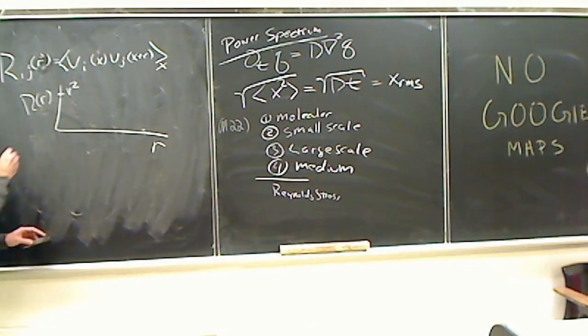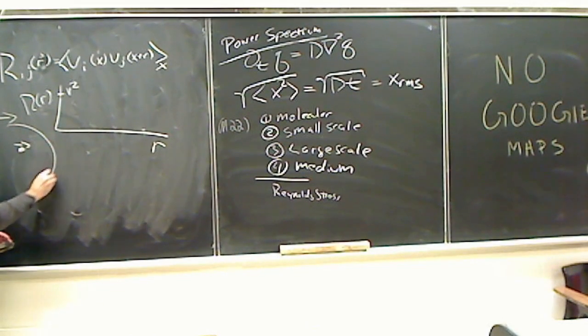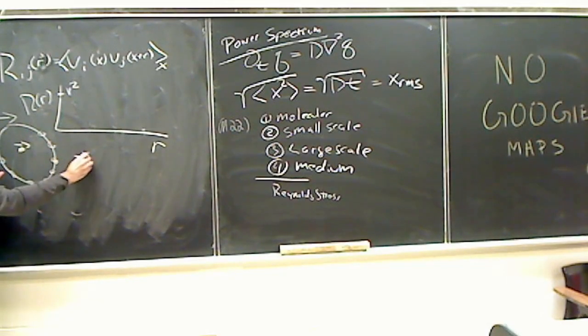So I take my velocity here, and if my velocity is in this direction, and I have a bulk flow that's always in this direction, then when I measure the difference between this velocity and this velocity, since I know what these all are, I'm going to get something that's pretty regular, and I'm going to just get the average along this circle, and that's going to be the same velocity if I have a big bulk flow.